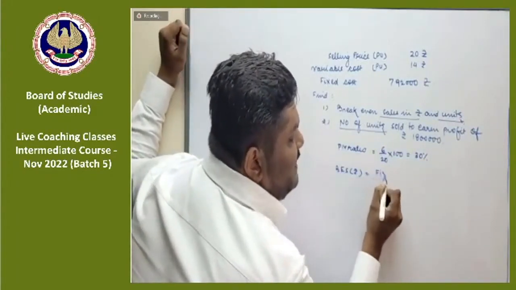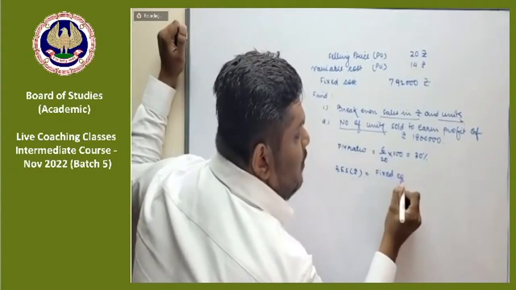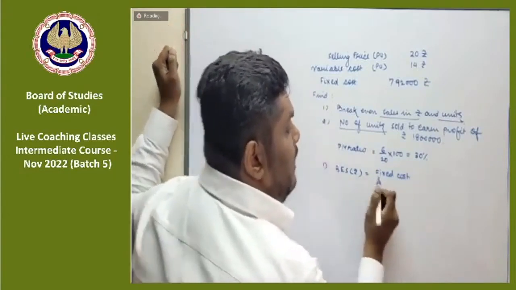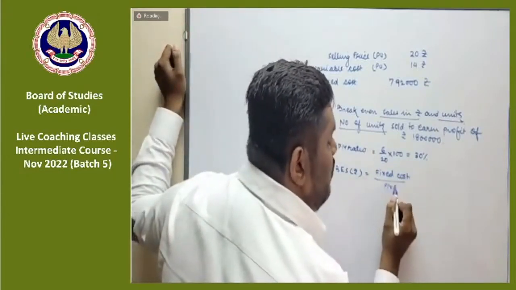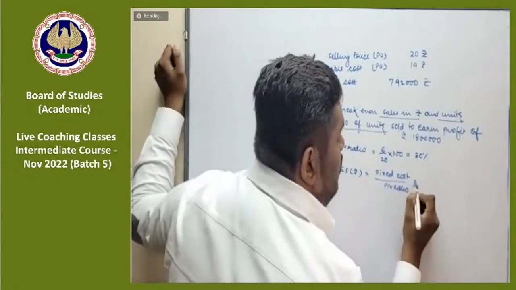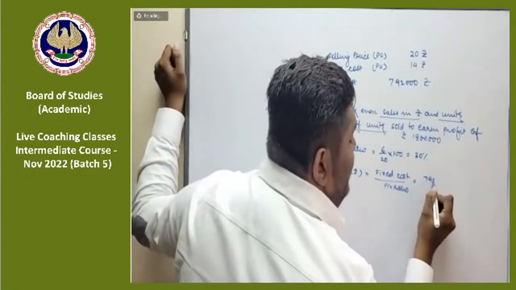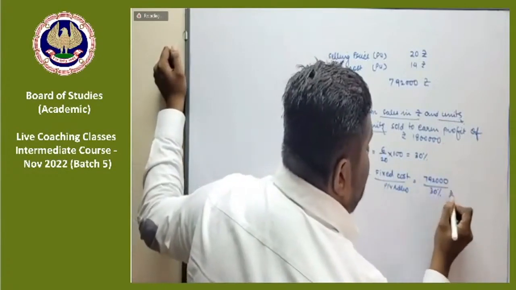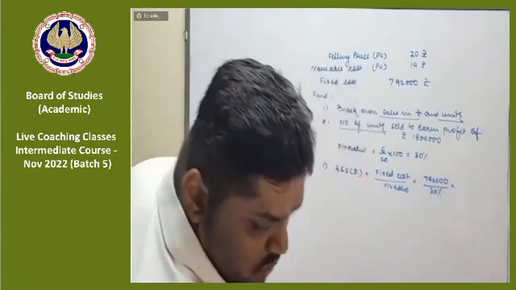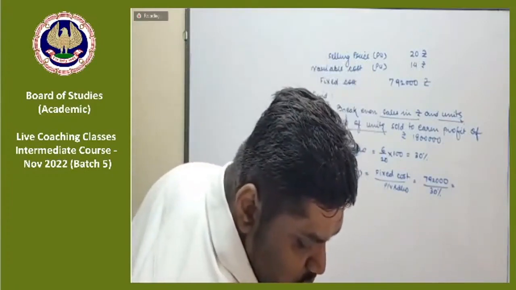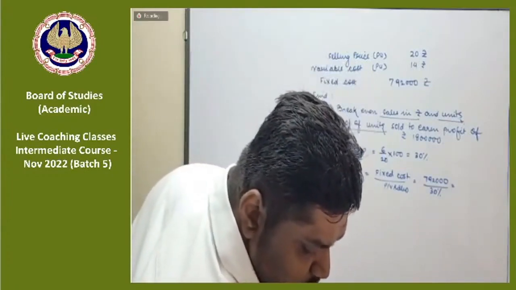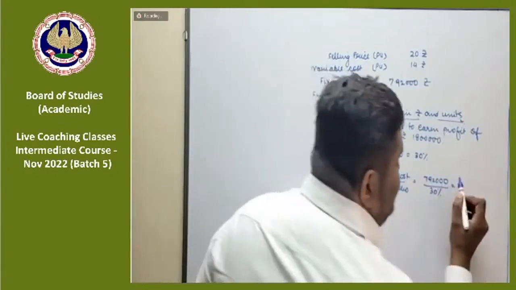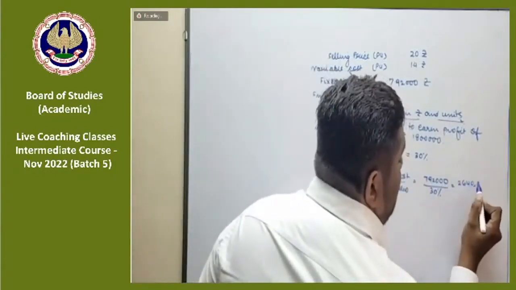Very simple, fixed cost divided by PV ratio. So my fixed cost is 7,92,000 divided by my PV ratio, that is 30%. So 26,40,000.